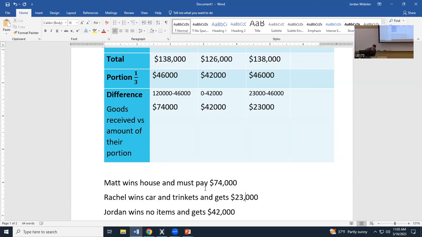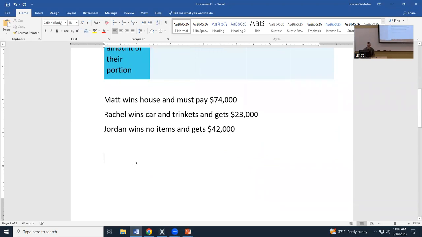Now here's the interesting part. Think of what's called the pot. Matt paid in 74,000. Rachel should take out 23,000. Jordan should take out 42,000.